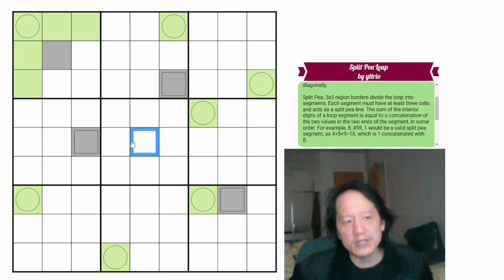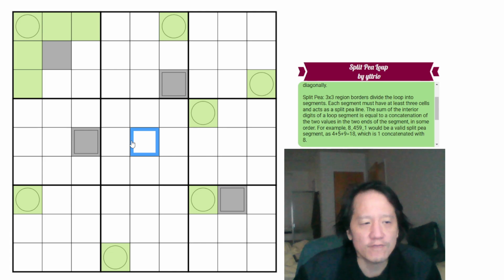So you always have at least 4 digits in a segment on this loop. So you can never have essentially just 3 cells on a loop, which is interesting then.